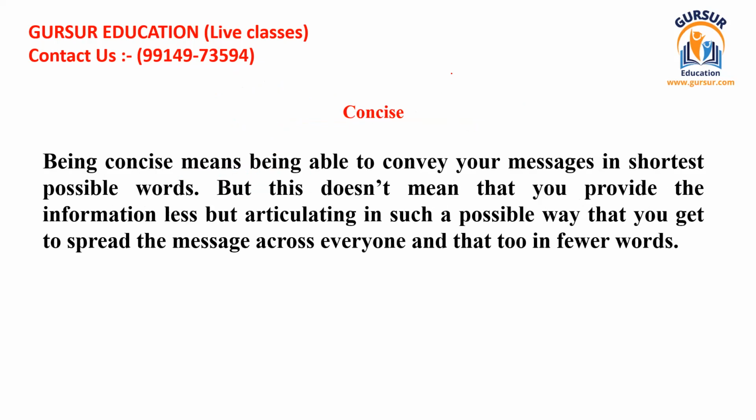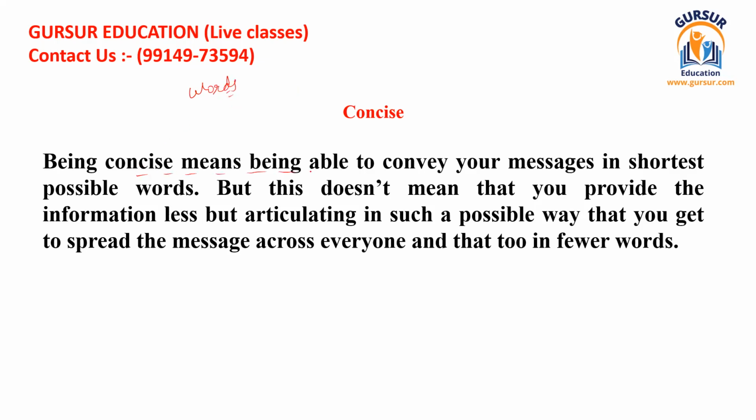So the first C is concise. Your ideas or your message should be very concise. That means it should be precise as well. It should be the shortest. What you wish to say, you are not supposed to exaggerate. You are just supposed to say the effective message in limited words.